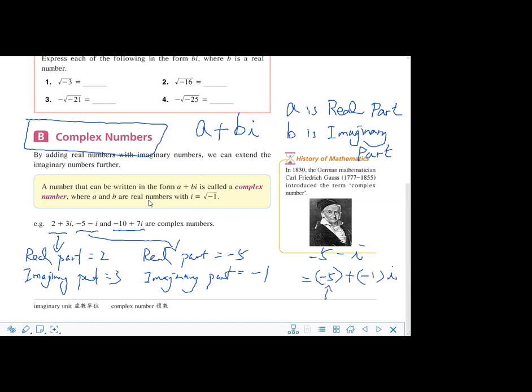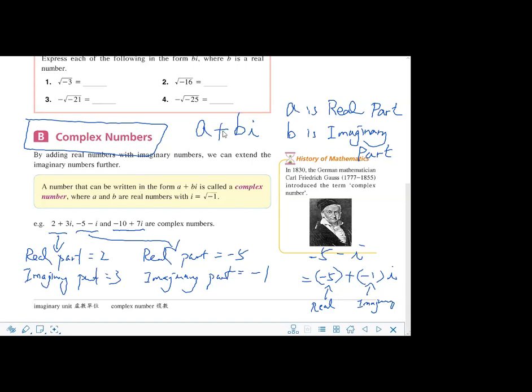So this is the real part and this is the imaginary part. Do you remember? This is usually simple and direct, but the one place where you might carelessly make a mistake is the positive and negative signs. So please remember to include the positive or negative sign before the number of that part.